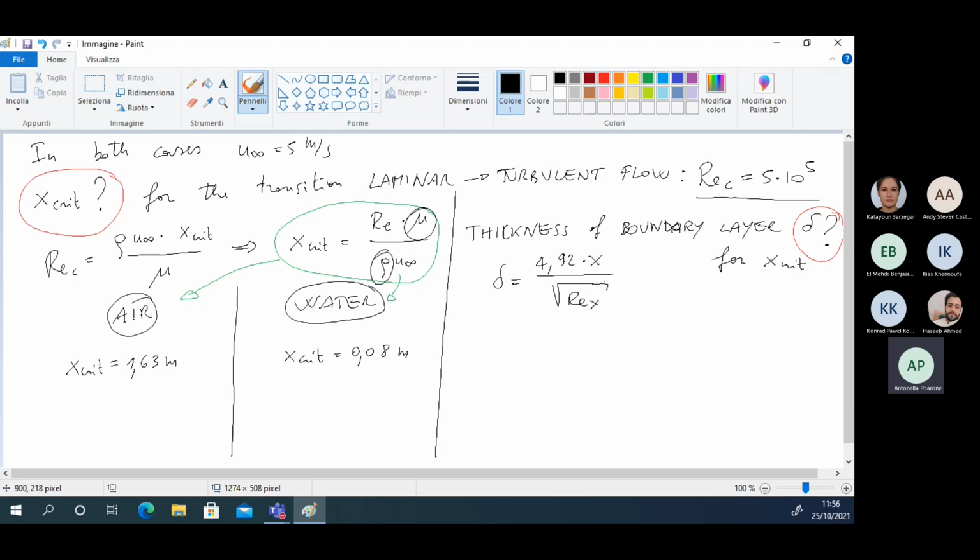Obviously, this one is for laminar flow, but I'm interested in the first portion of the plate for which I have laminar flow. Delta T is equal to delta times Prandtl to minus 1/3. These are the two correlations that allow us, in laminar flow, to calculate the thickness of the velocity boundary layer, the first one, and the thermal boundary layer, the second correlation.